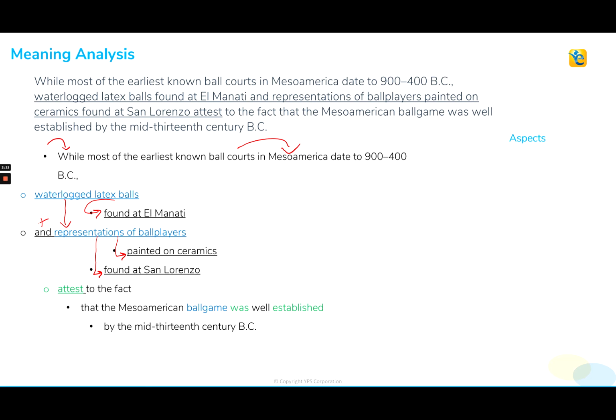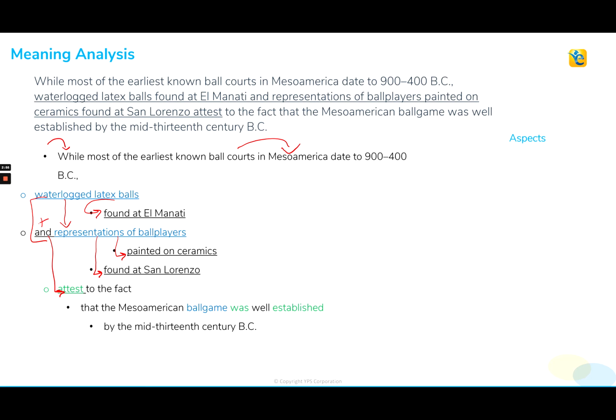So these two entities together are attesting to the fact that the Mesoamerican ball game was well established by the mid-13th century BC. All right, so that's where I get that contrast. While most thought that these date to 900 to 400, we find they actually were well established by the mid-13th century BC. All right, so my meaning is pretty straightforward here.